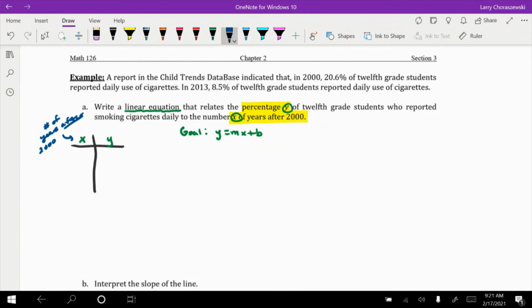Anybody want to take a stab at what those two x values are? Okay, 0 is one of them. Yep. I'm thinking something different. 13. So yeah, 0 and 13.